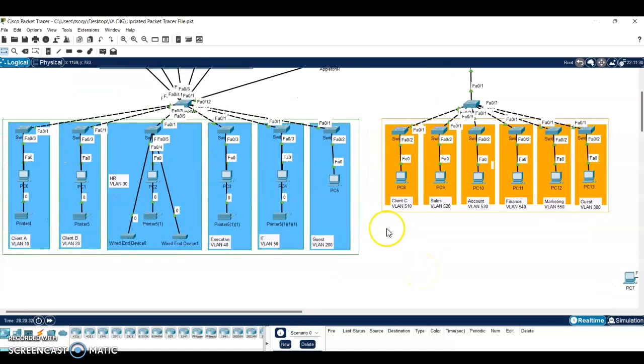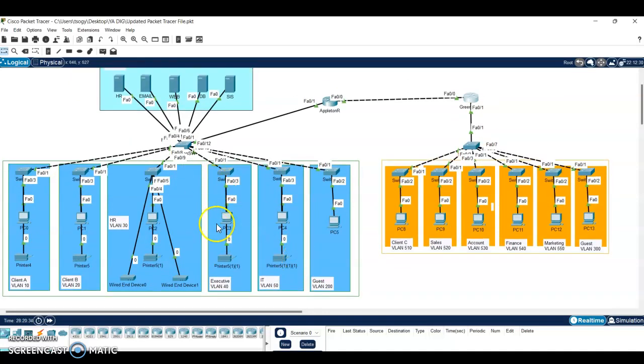And over here on the Appleton side, I was also able to ping from client A to B and B to A and HR, executive, IT, and here the guest doesn't have that privilege to access other machines and ping others.